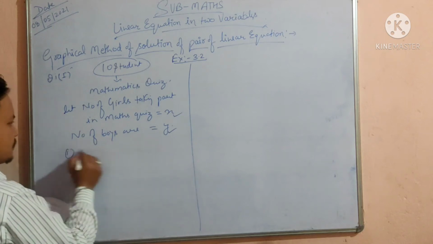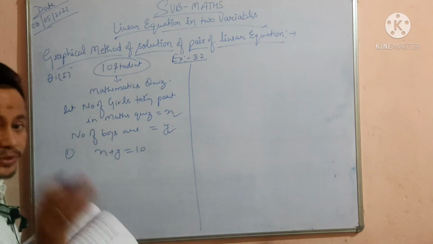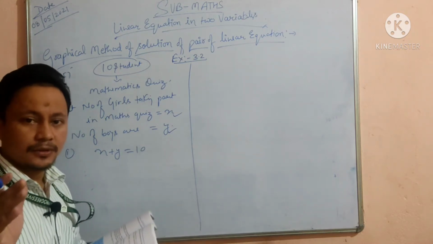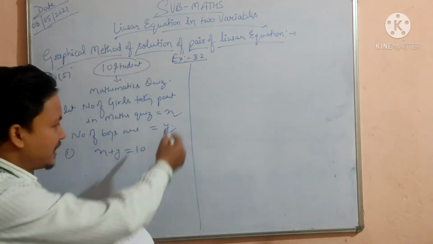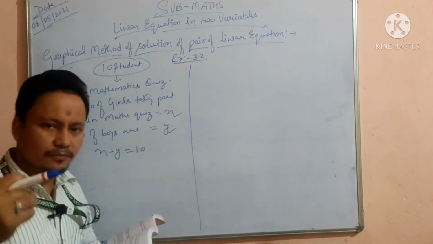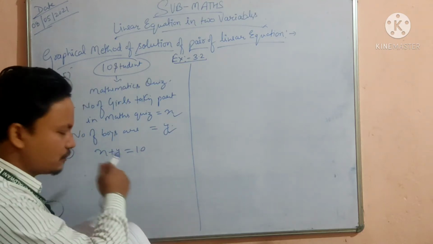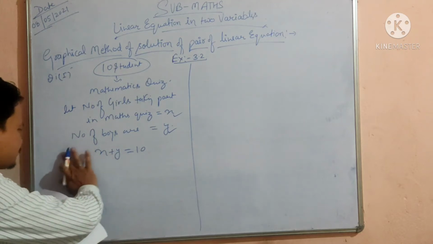So the very first equation will be X plus Y should be equal to 10. Why? Because the total strength taking part in the mathematics quiz is only 10 students. The sum of the number of girls and boys must be 10, because only 10 students in total are taking part. Now see, this is the first one.